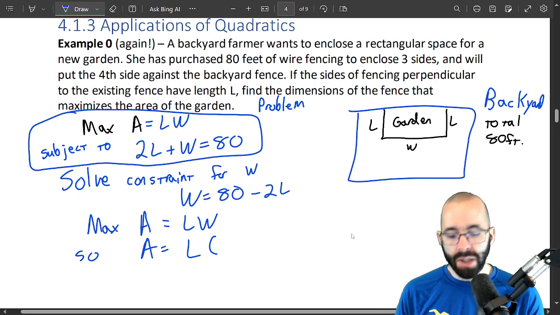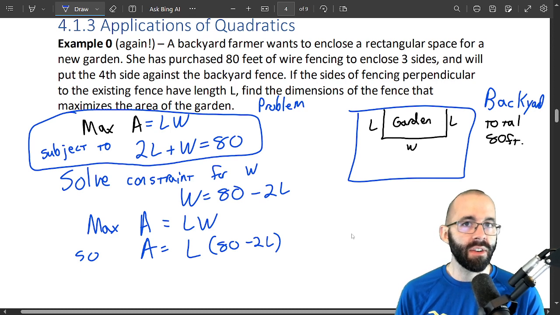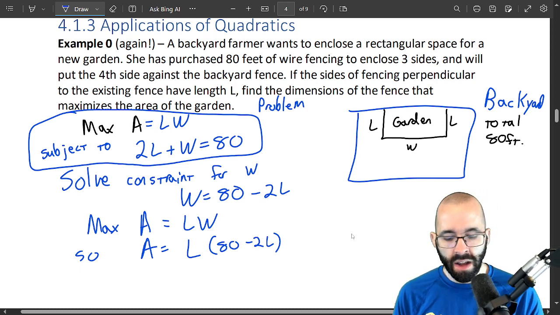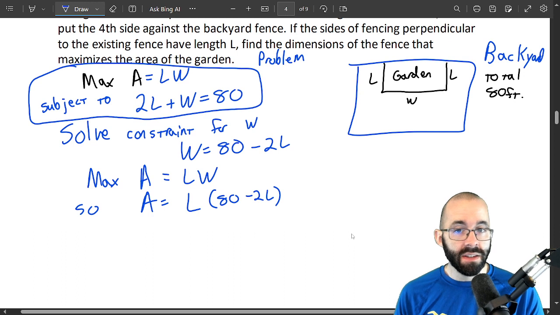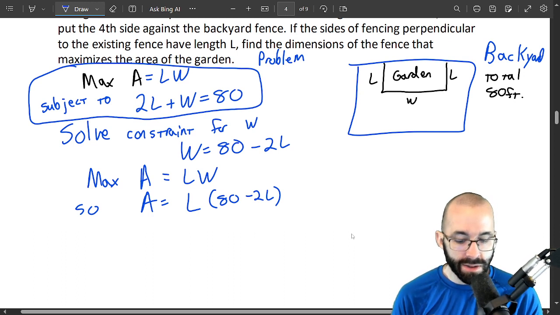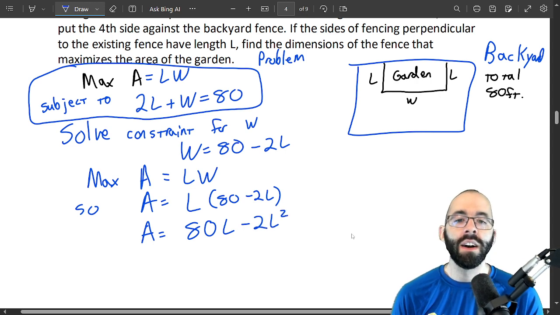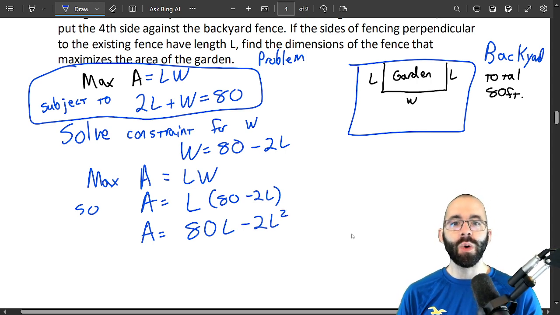So instead of writing a W, I'm going to substitute, just like when we're solving a system of equations. We got rid of one of our variables. Now our area function is a function of one variable. And if we simplify this function, distribute that L, 80L minus 2L squared, by George, there's a quadratic.